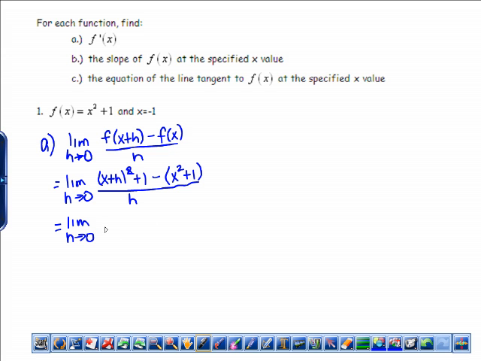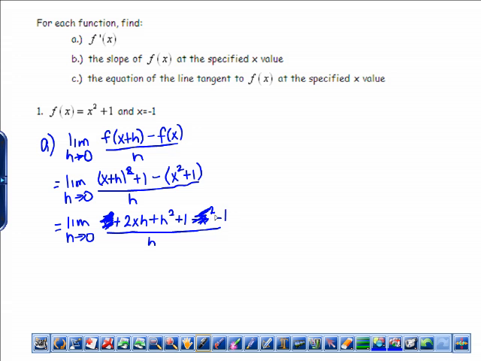So I need to multiply x plus h times x plus h. So that's going to give me x squared plus xh plus xh when I multiply all that out. So 2xh or 2hx, it doesn't really matter, plus h squared plus 1 minus x squared minus 1, and again over h. So notice now that we have some things canceling.